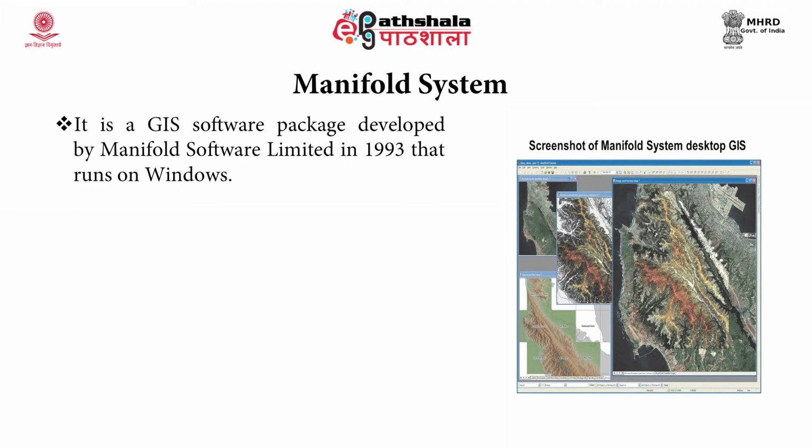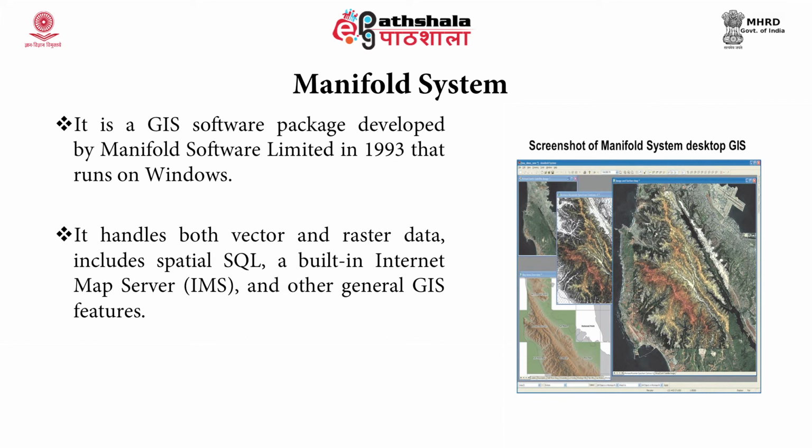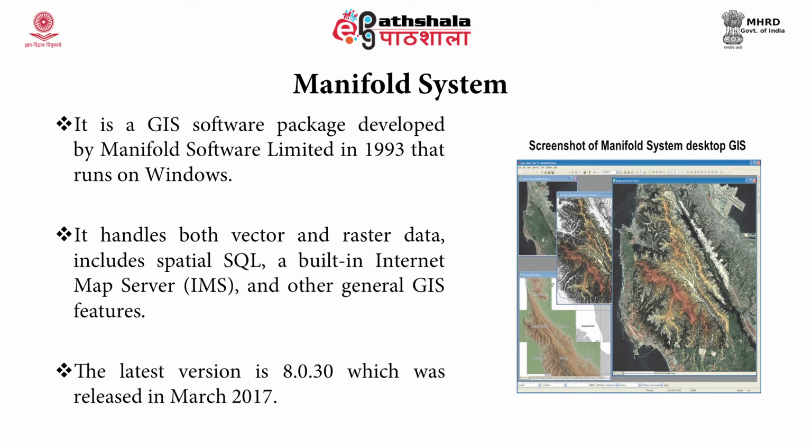Another GIS software package is Manifold System that is developed by Manifold Software Limited in 1993 and runs on Windows operating system. It handles both vector and raster data. It includes spatial SQL, a built-in internet map server, and other general GIS features. Its latest version is 8.0.30, which was released in March 2017.